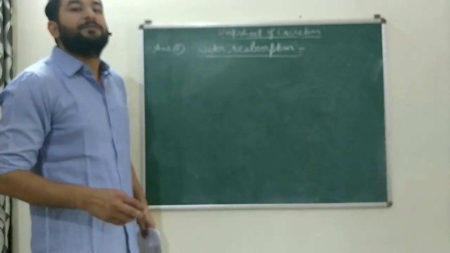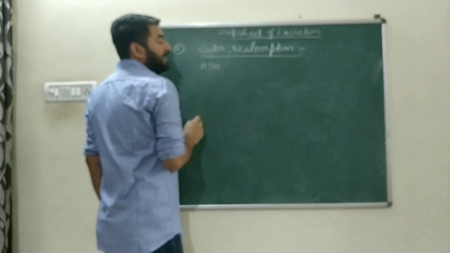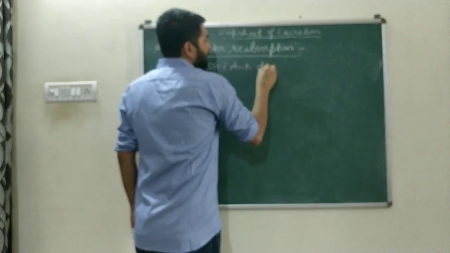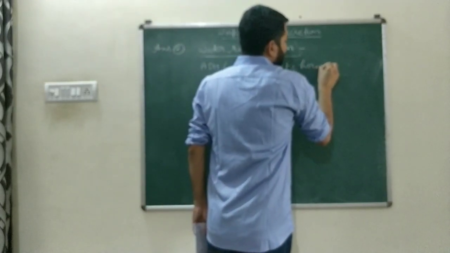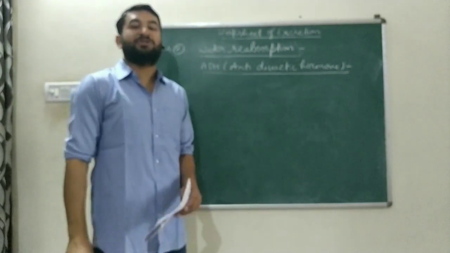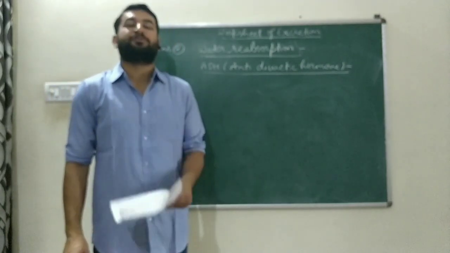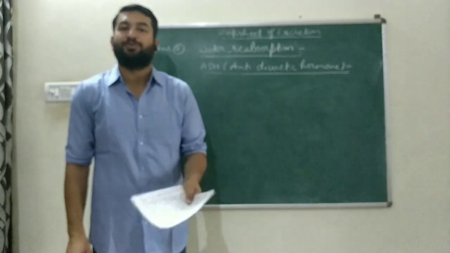And that's how water reabsorption plays a key role in the formation of urine. And the second is the action of a hormone, and the name of the hormone is ADH, anti-diuretic hormone. This hormone is released by the pituitary gland, and this hormone increases the capacity of water absorption in the DCT, in the distal convoluted tubule.